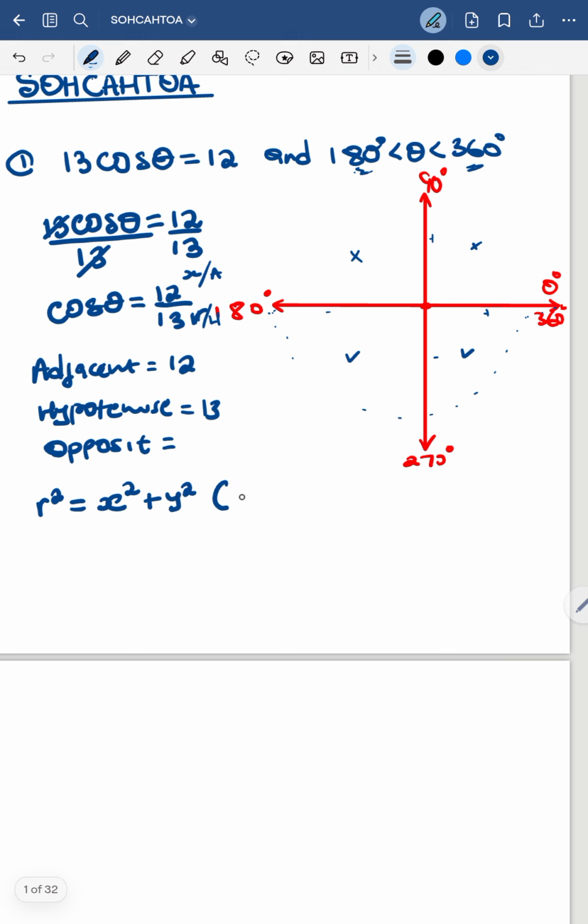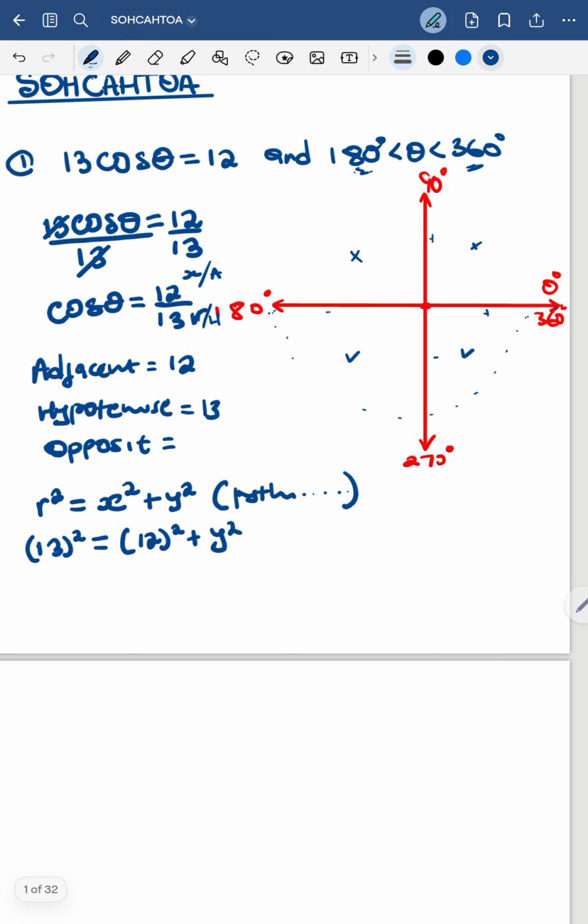Then you write 13 squared, your x there is 12, all squared, plus y squared.